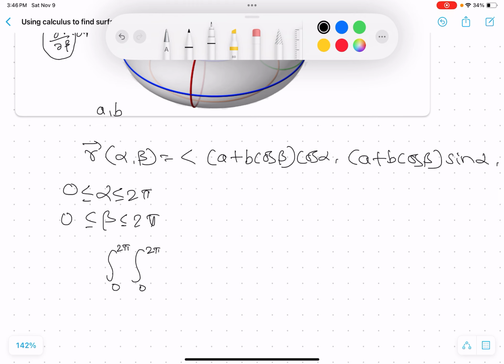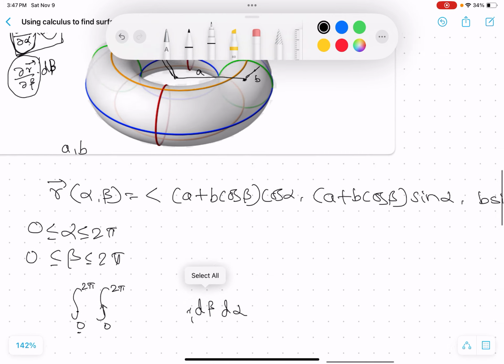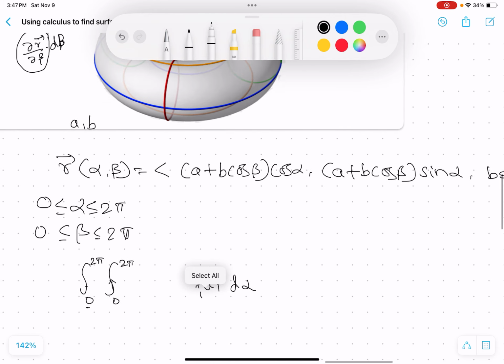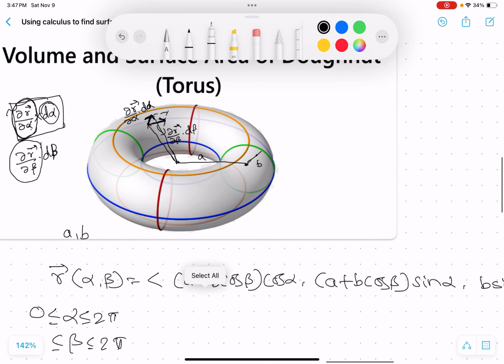There will be the differential elements, d beta and d alpha. While alpha is constant, beta will be changing and we will capture that in the volume. Because the scenario is the same, we have just found out how much the r changes with small change in beta, and how much the r changes with small change in alpha.